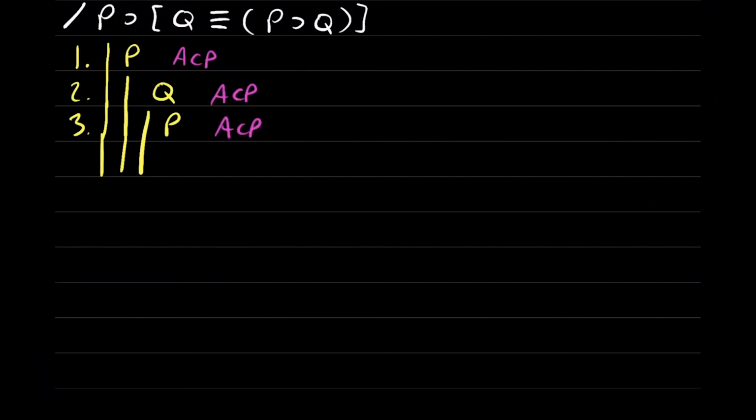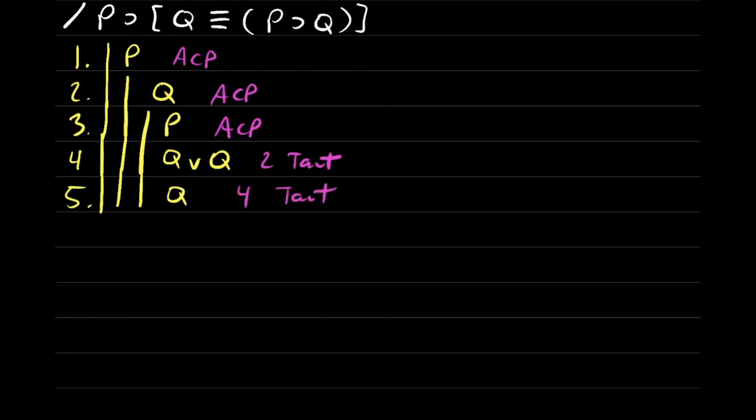Well, I have Q, but I don't have a rule that lets me bring the line down. What I can do is something like this. I can do Q or Q from tautology, line 2 by tautology. And I can do tautology again to get rid of that and just get Q on its own line. So line 4 by tautology in reverse.